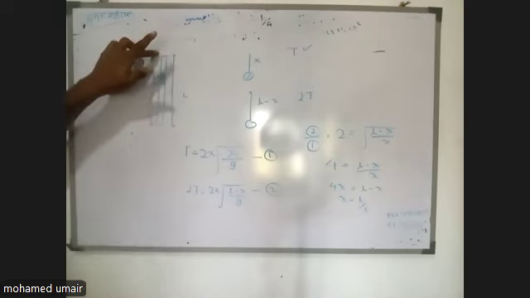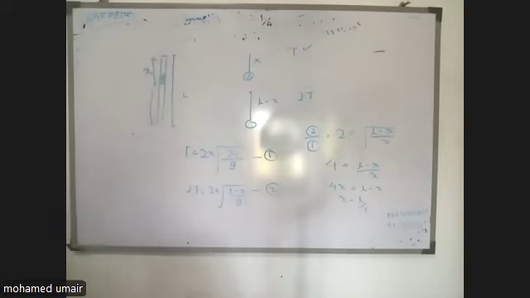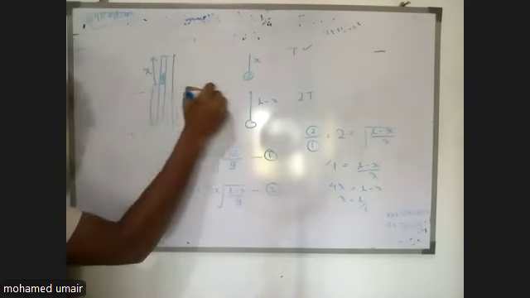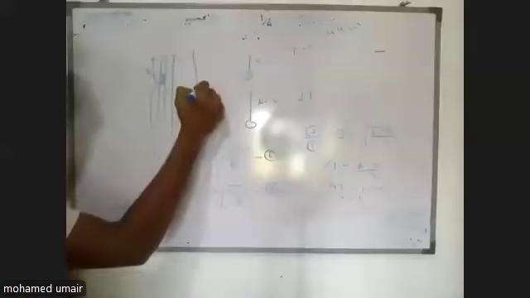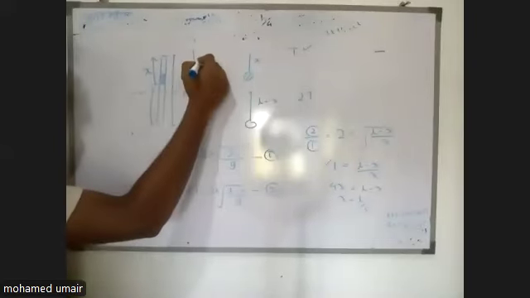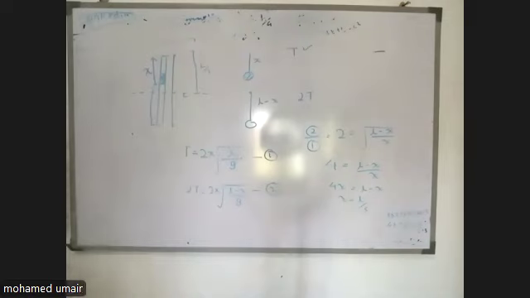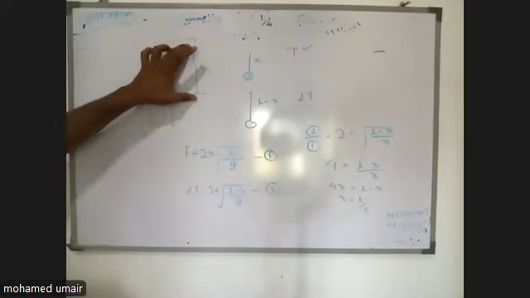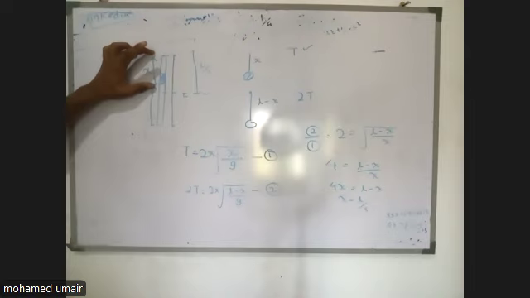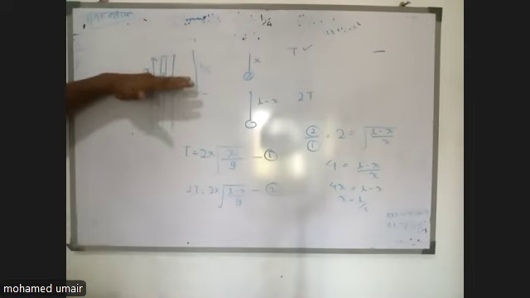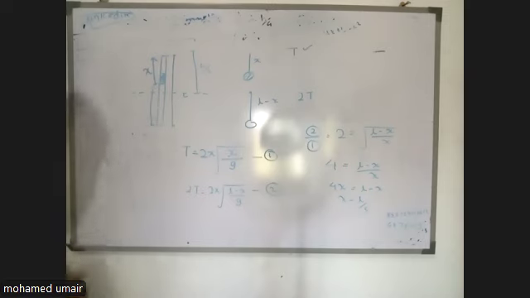But be careful. They are not asking for the distance x from one end. They are actually asking what is the distance of the point mass from the center. Now let's see, if this is the center, it is exactly half of the entire length, which is L by 2. This represents x. So from the center line, they're asking for the measurement. So be careful.